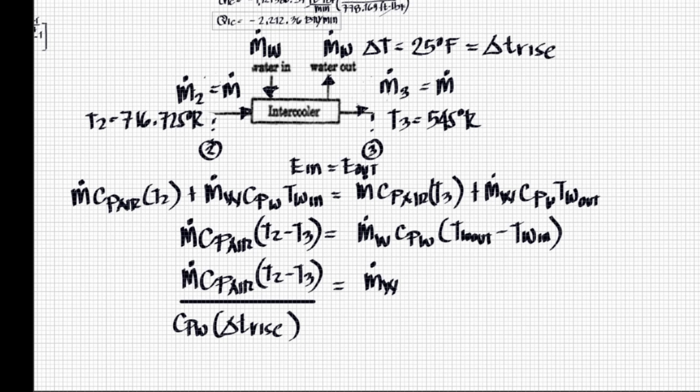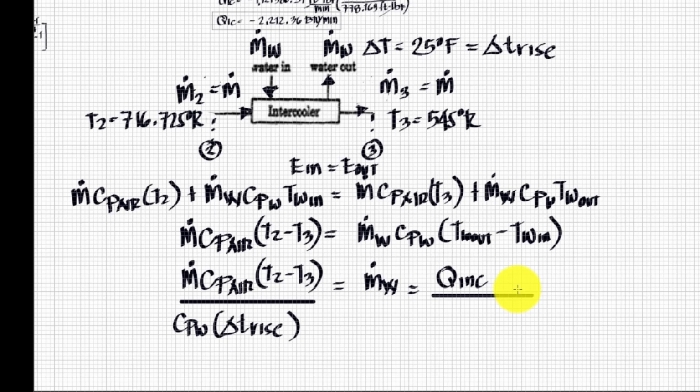And we can also write now that in this equation, we have this part, the m Cp of air. So this is the Q of the intercooler. So we can equate that one, that's the intercooler.